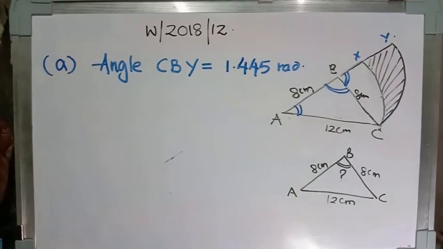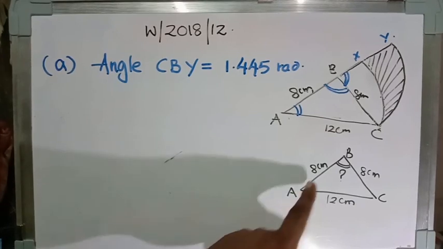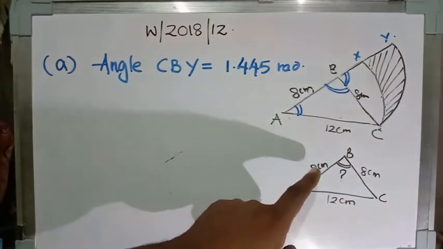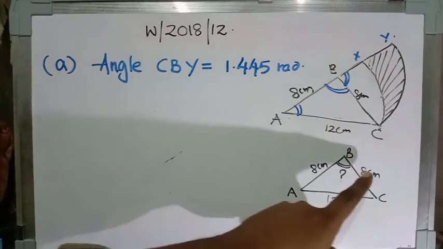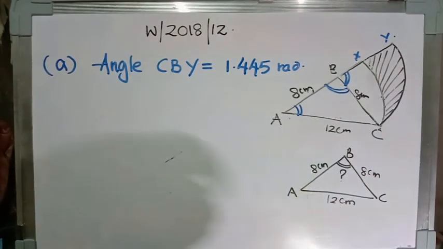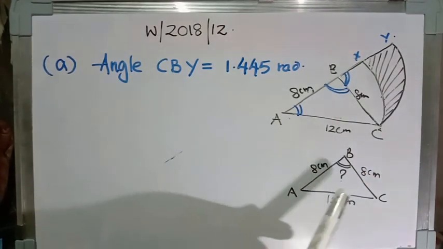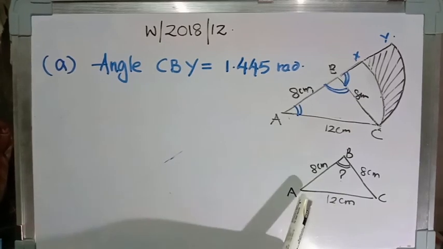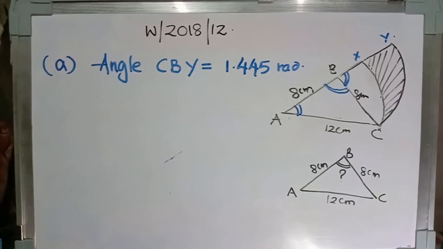Here I have drawn that figure separately. We could find ABC is a triangle in which the sides are 8 centimeter, 8 centimeter and 12 centimeter, and we need to find an angle. When you look at a question like this, you have to remember a rule from trigonometry known as the cosine rule.